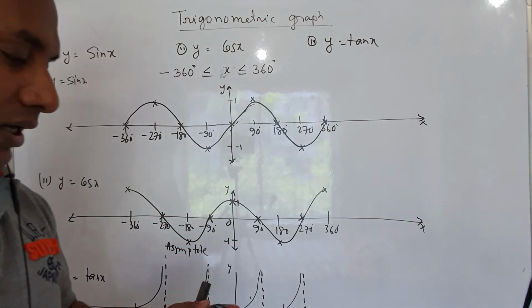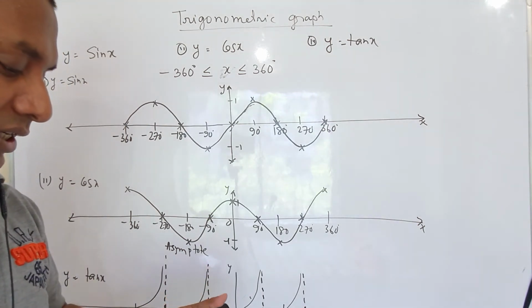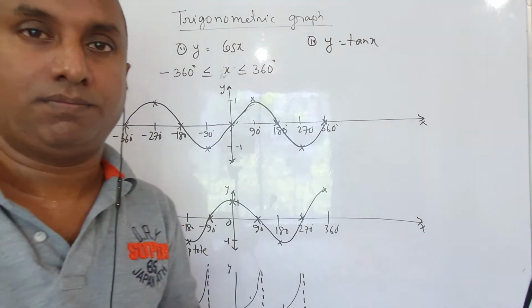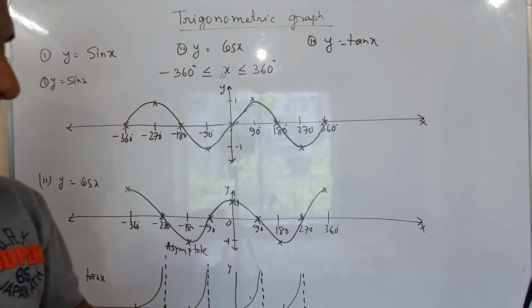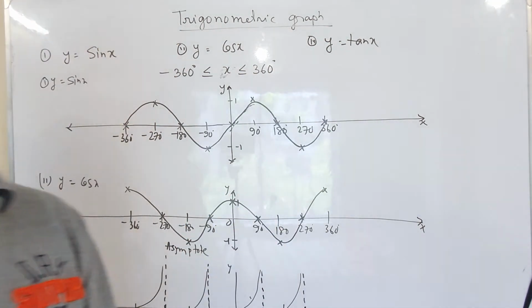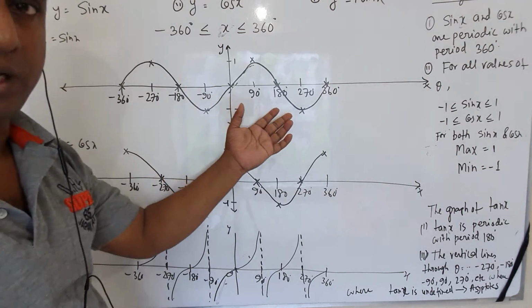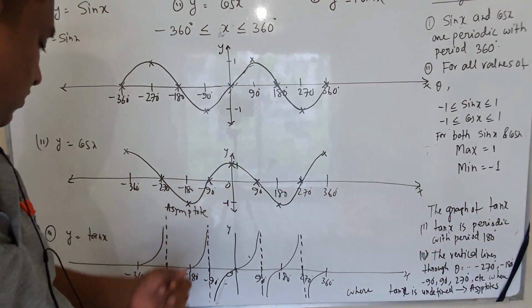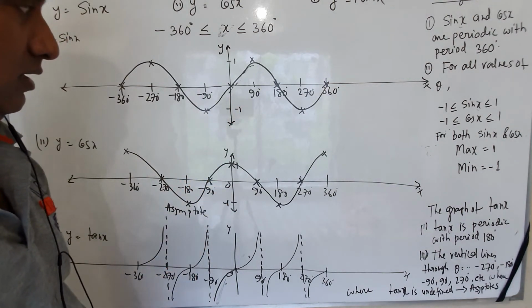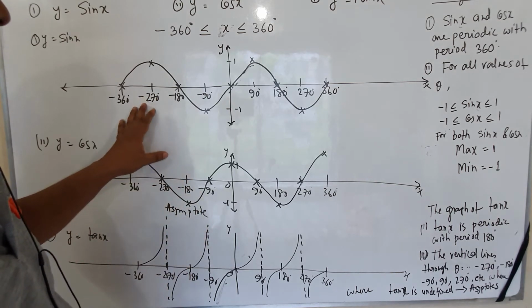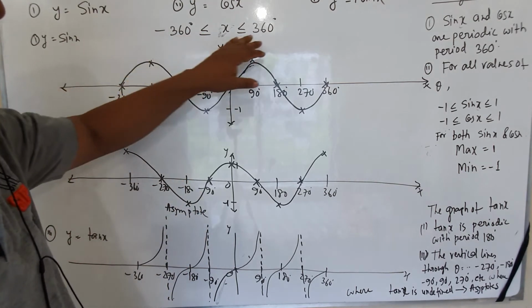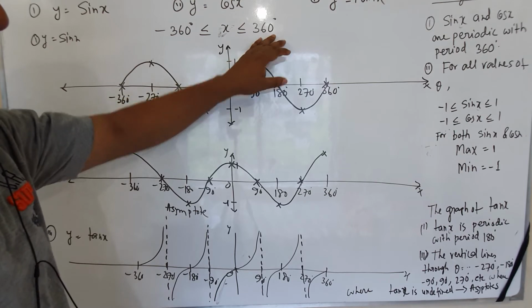Now see here a few characteristics of the sine curve, cos curve and tan curve. We have seen the sine curve, cos curve and tan curve. The domain I have considered here is minus 360 to 360.